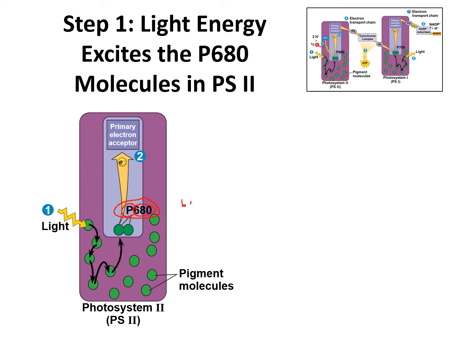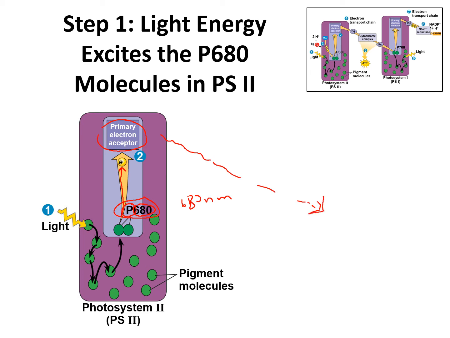So 680 nanometers is the wavelength of light absorbed by this particular pigment. That pigment is key because it does the primary exciting of electrons up to an electron acceptor, and from there the electron transport chain is going to start.